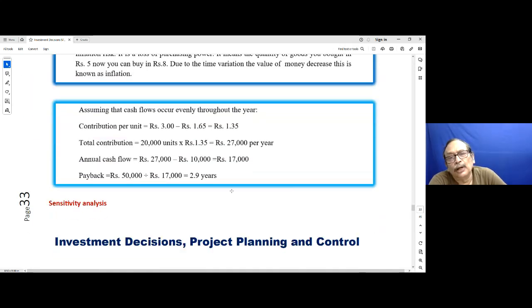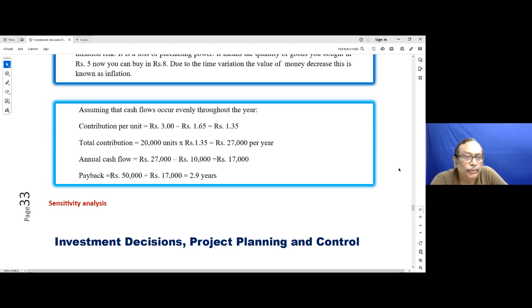Assuming the cash flows occur evenly throughout the year, the contribution per unit is 3 minus 1.65, that is 1.35. Total contribution for 20,000 units is 27,000 per year. Annual cash flow is 27,000 minus 10,000, that is 17,000.